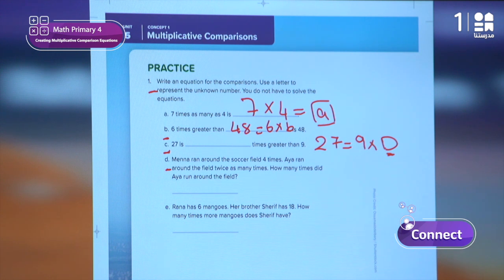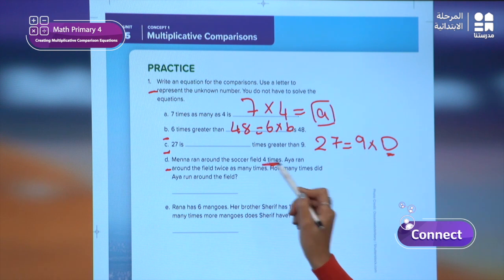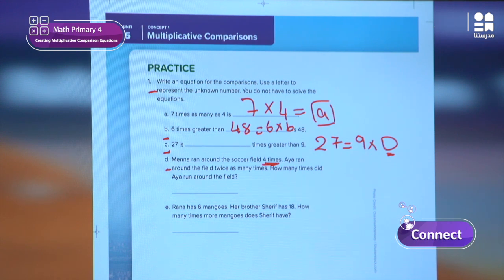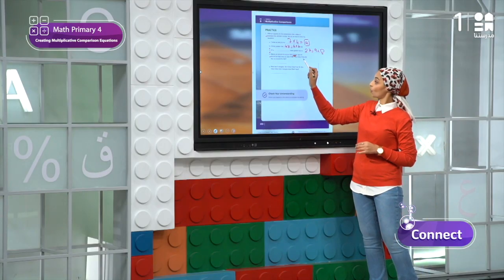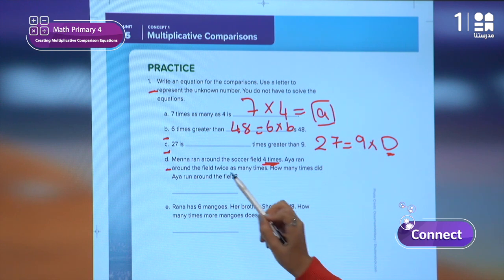In problem number 4 we are comparing the numbers of times Aya and Minna ran around the soccer field. Minna ran around the field 4 times. Aya ran around the field twice as many times. So what does the question ask?